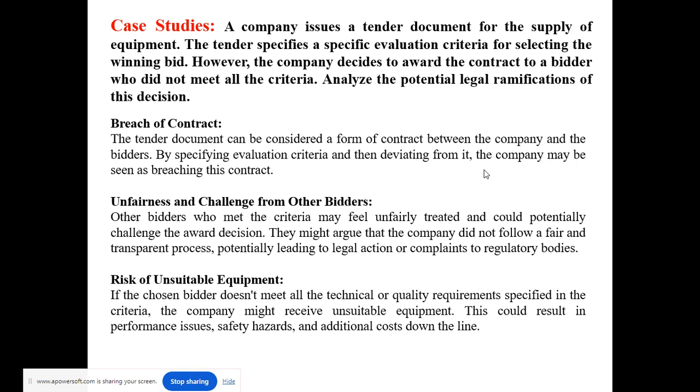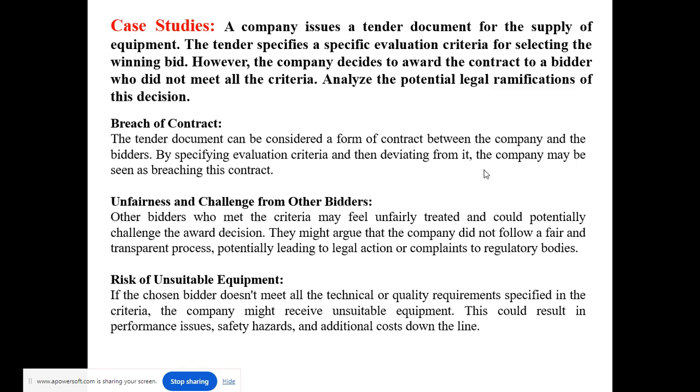There is also the issue of unfairness and challenges from other bidders. Other bidders who meet the criteria may feel unfairly treated and potentially challenge the award decision. They might argue that the company did not follow a transparent or fair process, and this leads to legal action or complaints to the regulatory bodies.